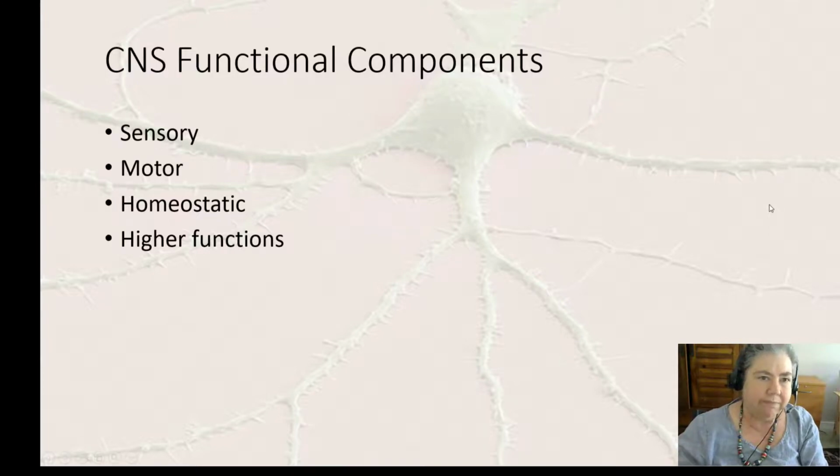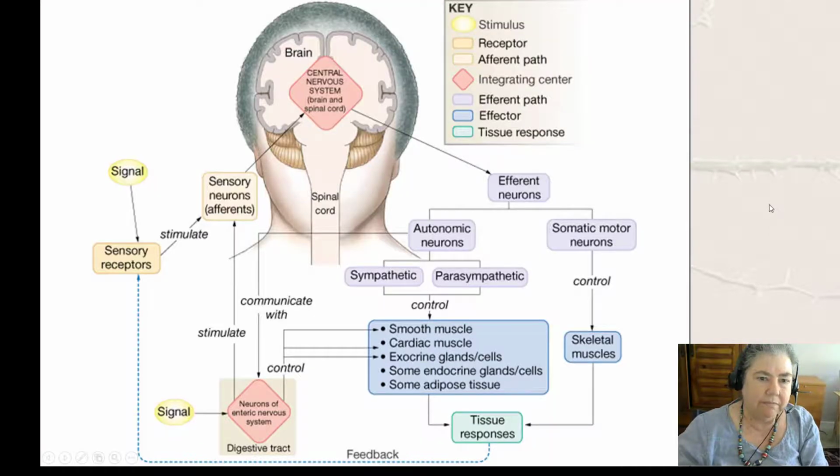In this slide, we see basically a diagram of the brain and the spinal cord with a little bit of a flow chart. So we have sensory receptors all over the place. There are general somatosensory receptors in the skin, in tendons, in nerves and muscles.